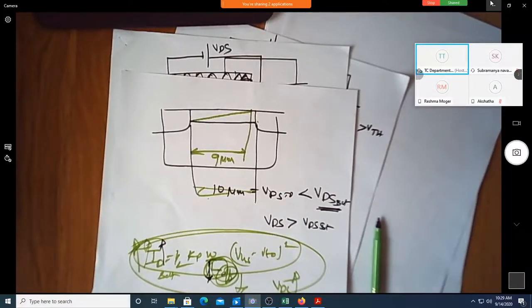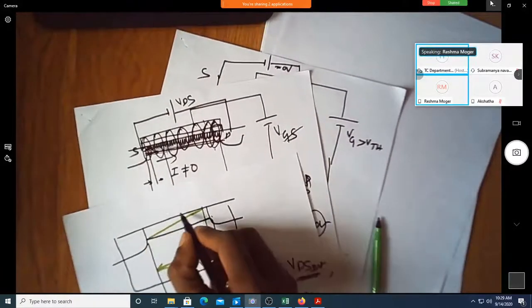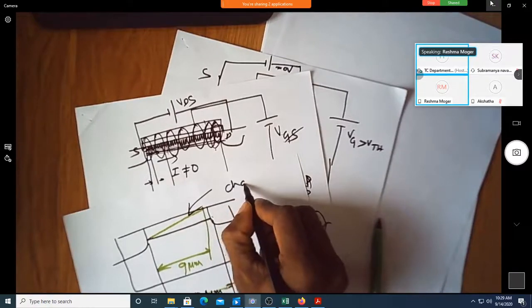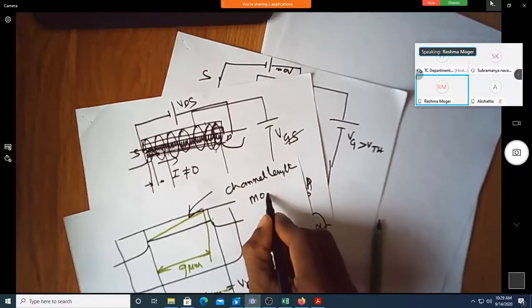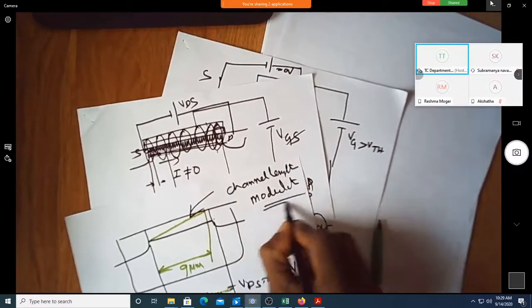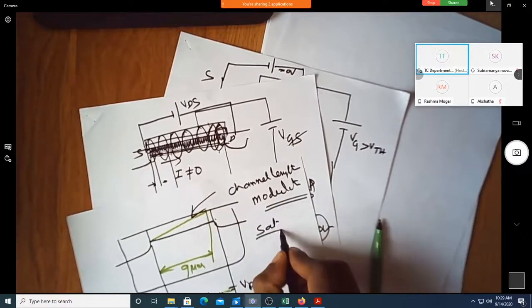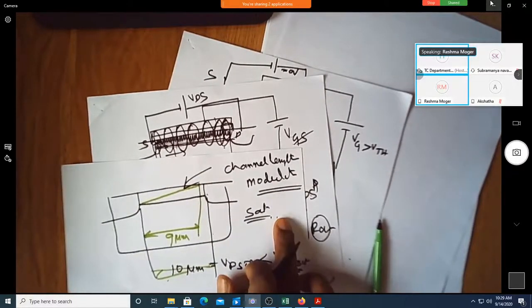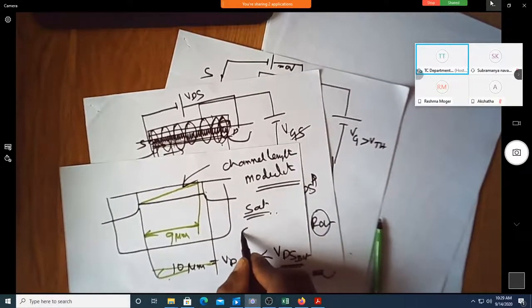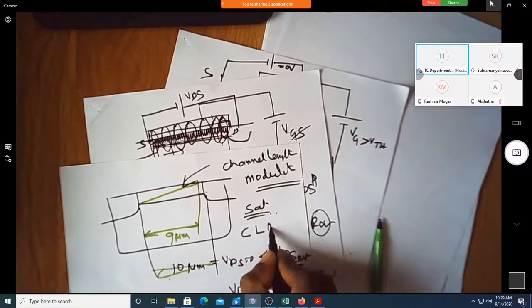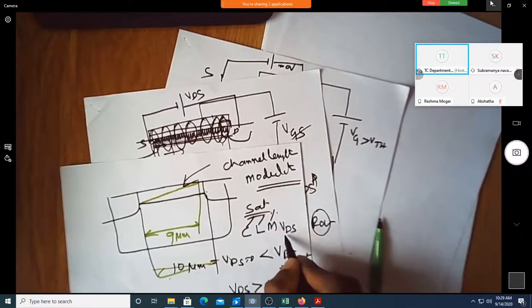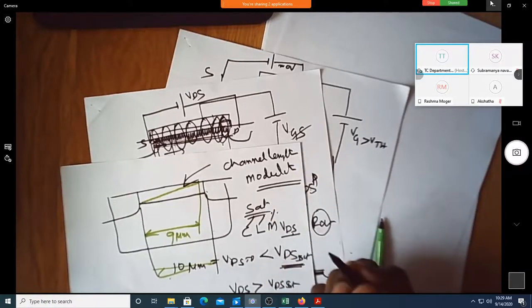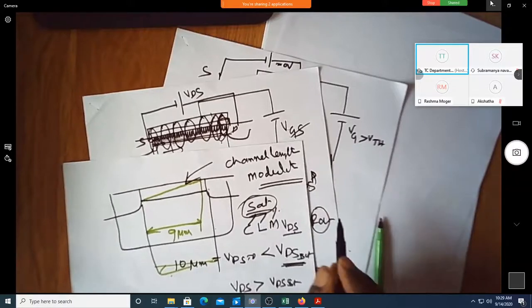As you reduce VDS, L will increase in the saturation region. So we call this channel length modulation. This will happen in the saturation region only. That's why it is written in short form as CLM, channel length modulation, due to variation in your VDS beyond VDS sat, of course, in the saturation region.